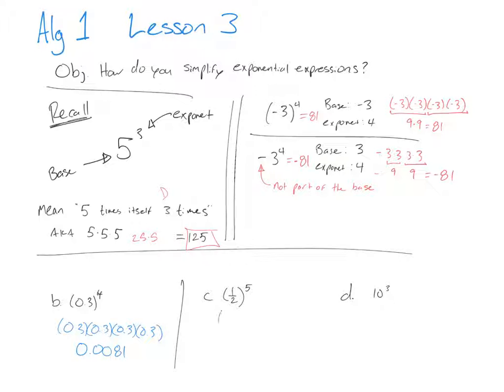This one, of course, would be 1/2 times 1/2 times 1/2 times 1/2 times 1/2. Notice the exponent is 5, so I wrote 5 of those out there. 2 times 2 is 4, times 2 is 8, times 2 is 16, times 2 is 32, so it's going to be 1 over 32.